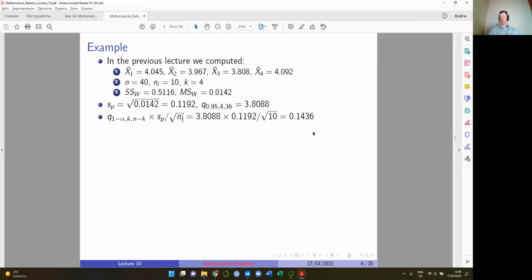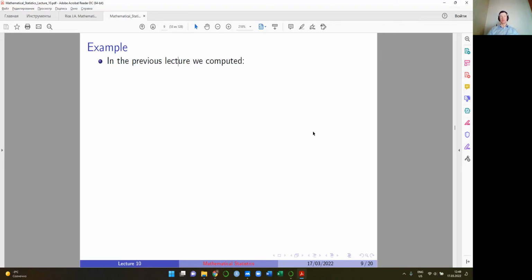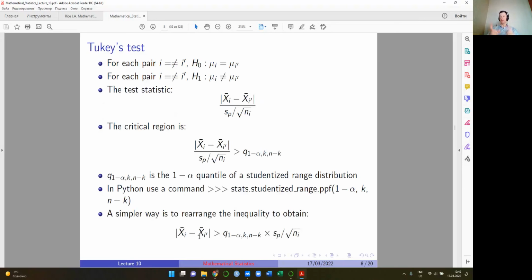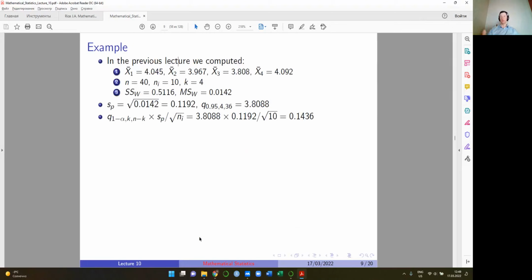So what is this number? Back to the previous slide. If the difference between two group averages exceeds this number, 0.1436, in absolute value, then we conclude that these two oil wells produce different amounts of oil.